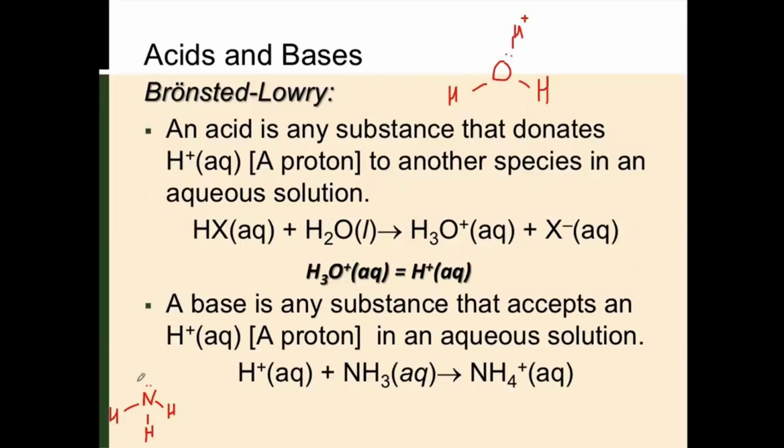And so this lone pair can be used to accept a proton in an aqueous solution. And so we can then form another bond to this proton and be positively charged here along this bond. And so we end up with what is called the ammonium cation. So proton plus ammonia. Ammonia is a proton acceptor. That's a base under Bronsted-Lowry theory.